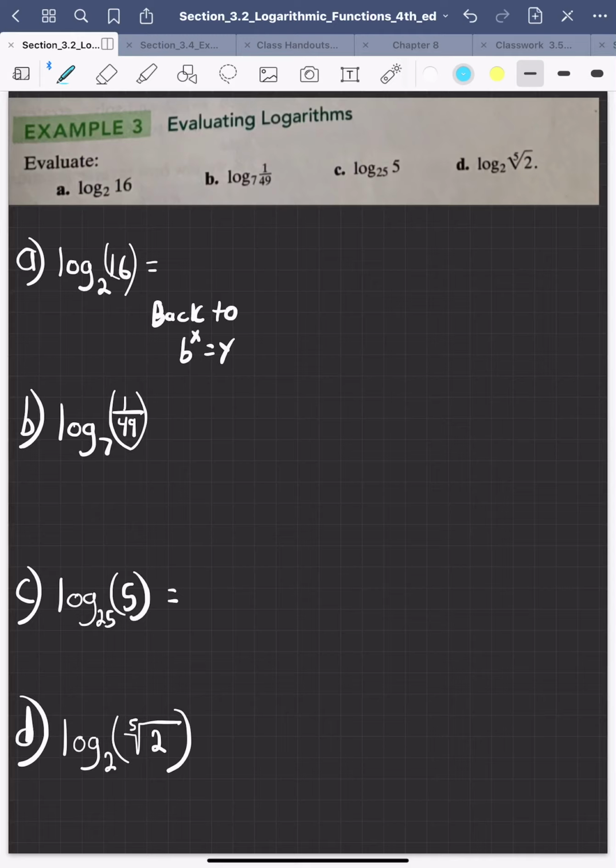So let's get back to exponential. So that would be base 2 raised to the power of. Now, do you see how I don't know what this is equal to, right? And a log is the exponent. So I have no idea what this is equal to. So that becomes our variable.